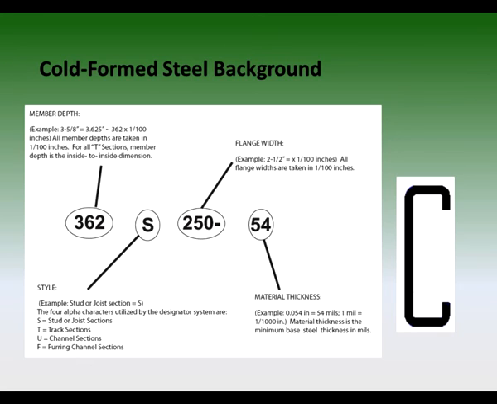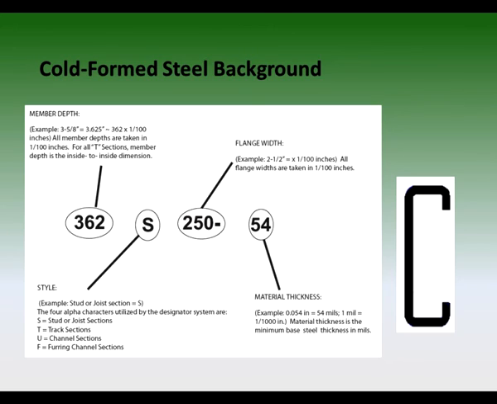The industry has adopted standard descriptors to identify the individual members that define the profile and therefore the strength and stiffness of the member. The first descriptor, shown here as 362, is a number that provides the member depth. Member depths are given in hundredths of inches.